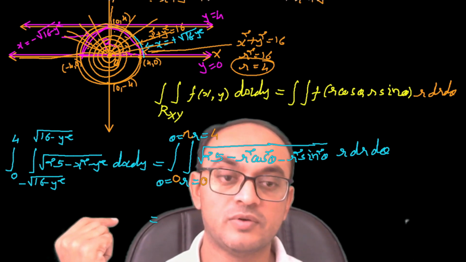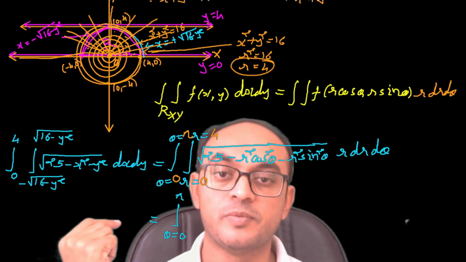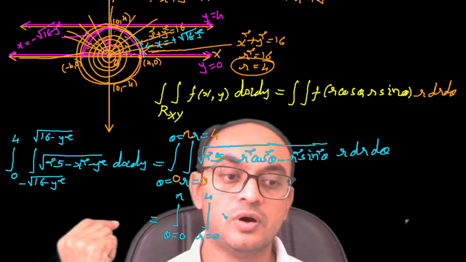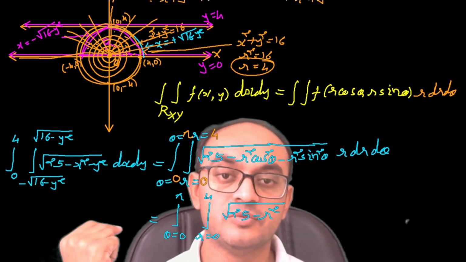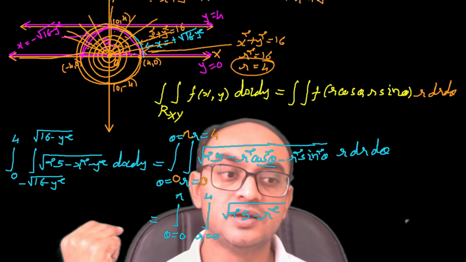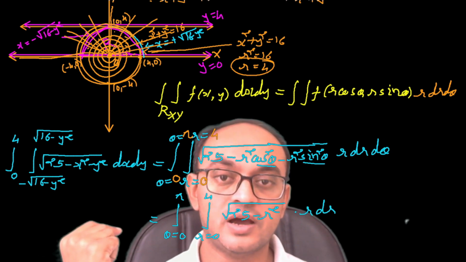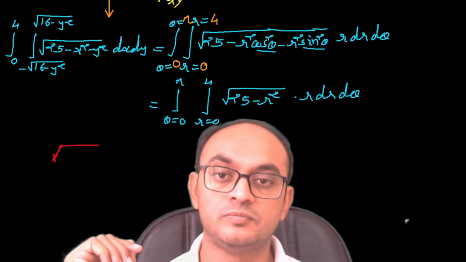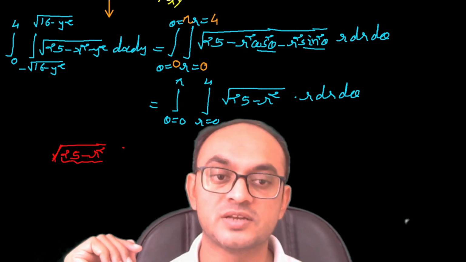So now our next step is theta equal to 0 to pi, r equal to 0 to 4, under root of 25 minus r square, because cos square theta plus sin square theta is 1, into r dr d theta. Now what is the derivative of 25 minus r square?